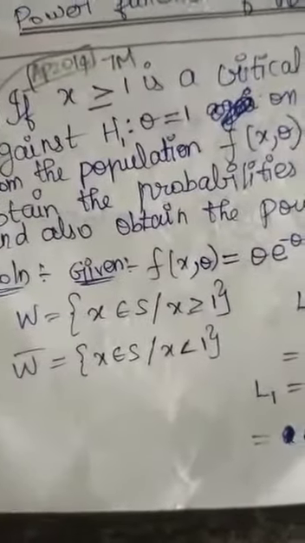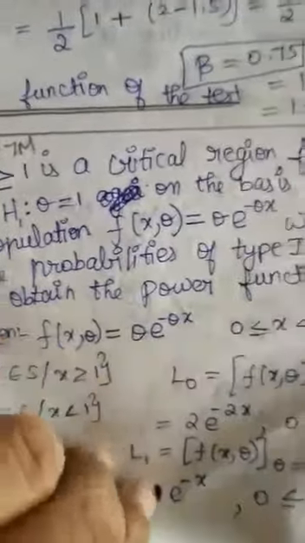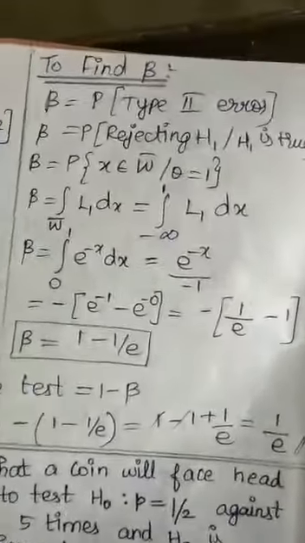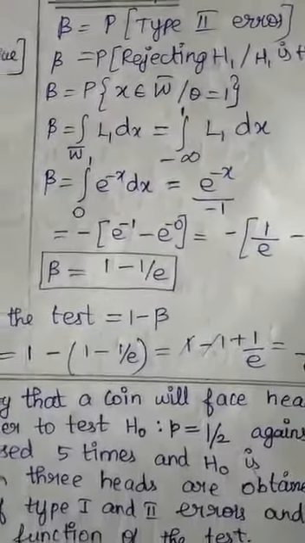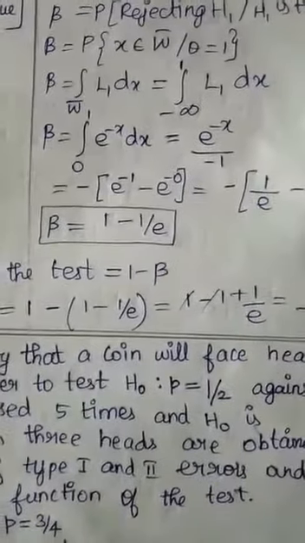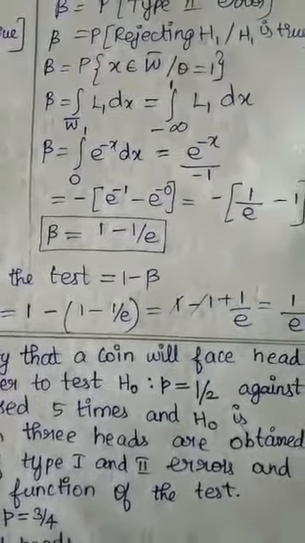The W bar we defined before as x less than 1, so it is from minus infinity to 1 of L1 dx.